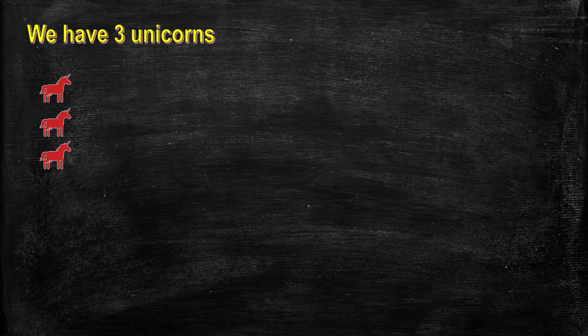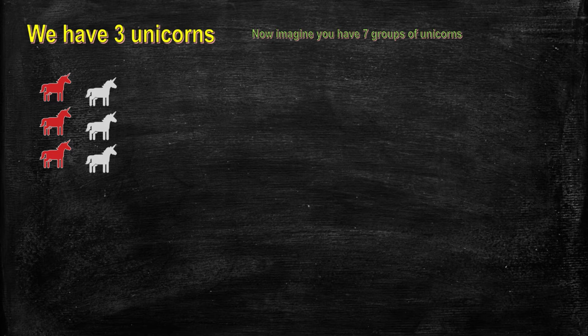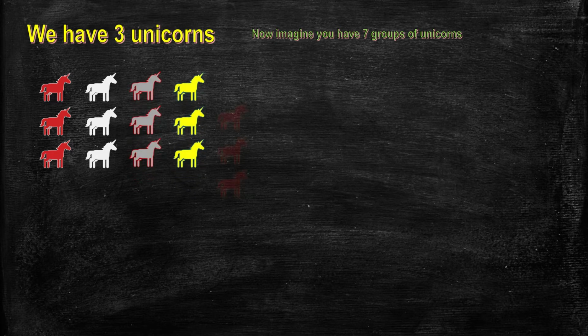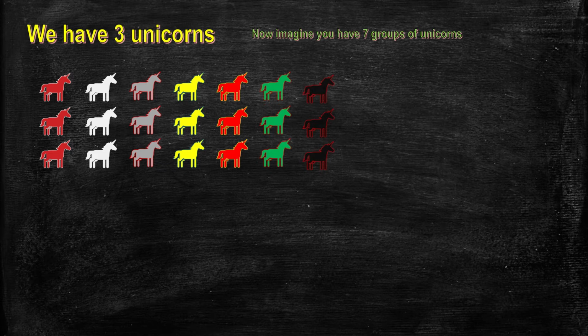Now we have 3 rare unicorns. But imagine if we had 7 groups of unicorns. There's our second group. 3rd, 4th, 5th, 6th, and 7th. Now we have 7 groups of 3 unicorns.